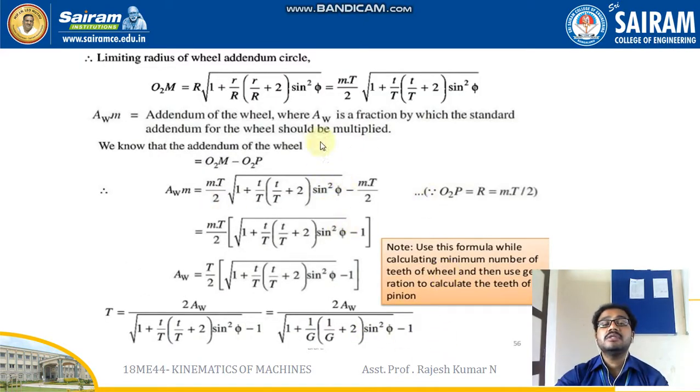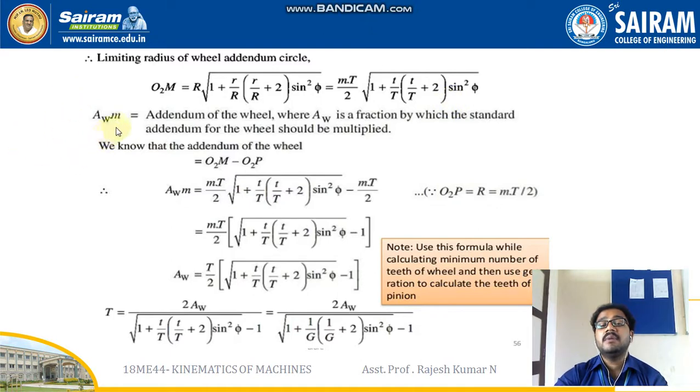So limiting the radius of the wheel addendum circle, I can write O2M equal to R into the square root of 1 plus small r by capital R into small r by capital R plus 2, sin square phi, which is equal to module into T divided by 2, into the square root of 1 plus small t by capital T into small t by capital T plus 2, into sin square phi.